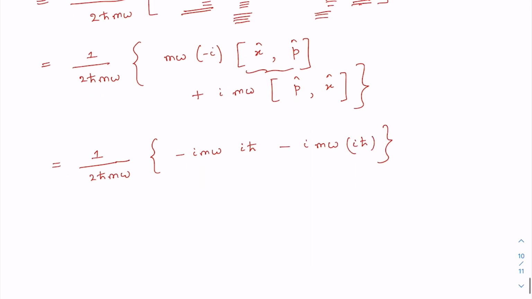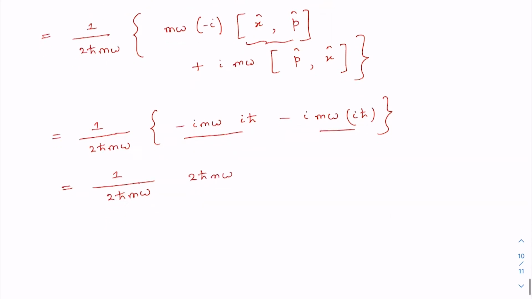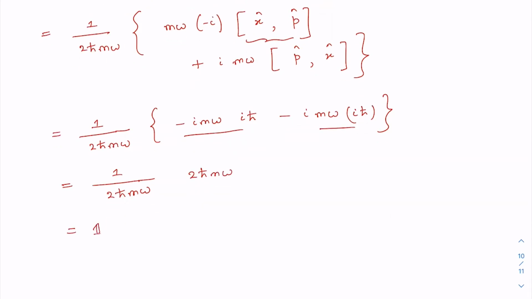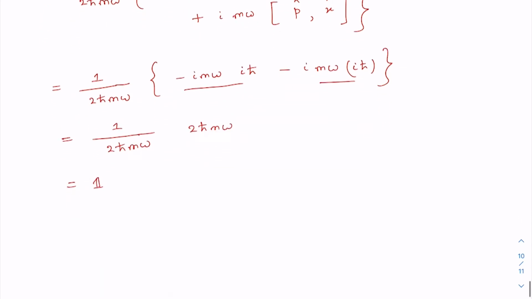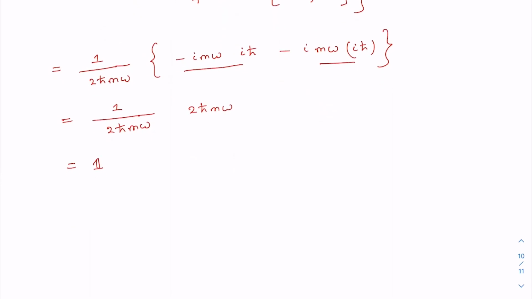Alright, so you can immediately see that this one and this one would be twice h cross m omega, and this is equal to 1. Okay, this is the first part we have solved.